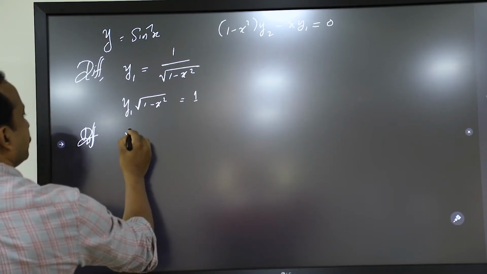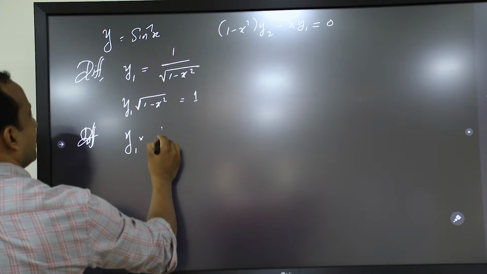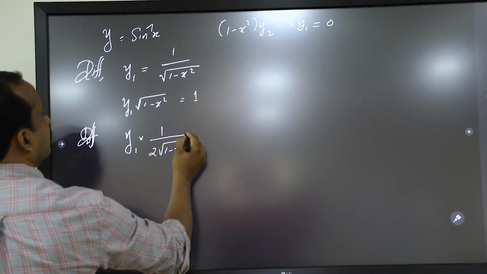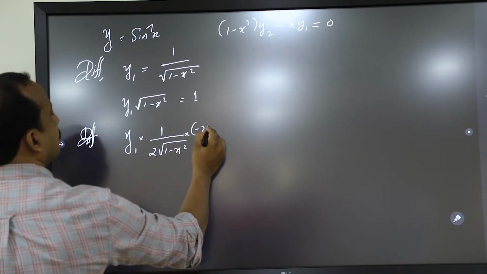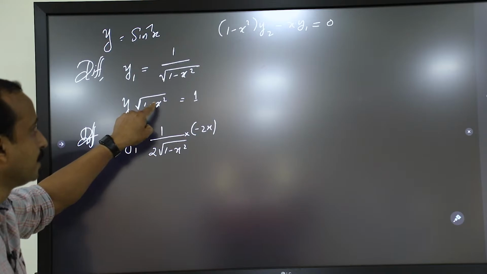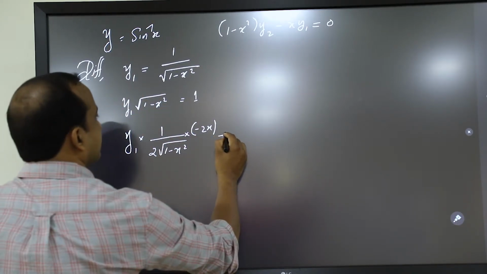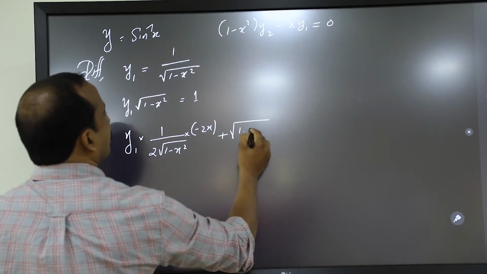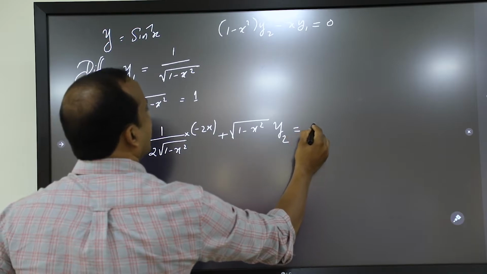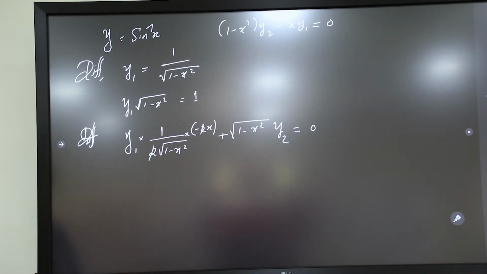On the left side we apply the product rule, that is y1 into derivative of root, which is 1 by 2 root of 1 minus x square into minus 2x, using function of a function, because derivative of 1 is 0 and derivative of minus x square is minus 2x, plus second is root of 1 minus x square into derivative of y1, which is y2, and right side becomes 0. Here 2 cancels.